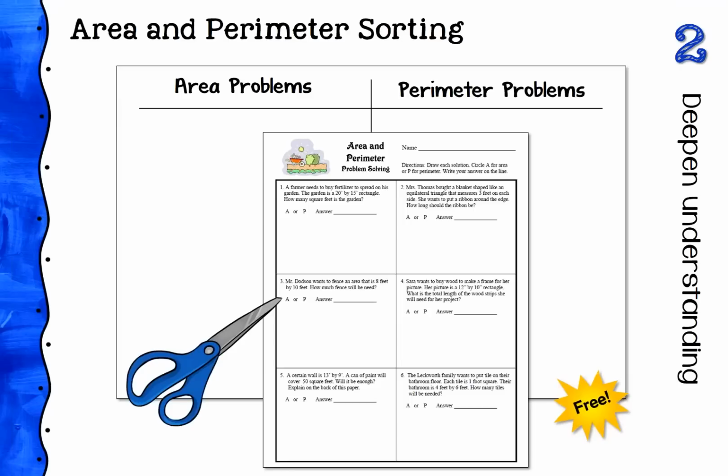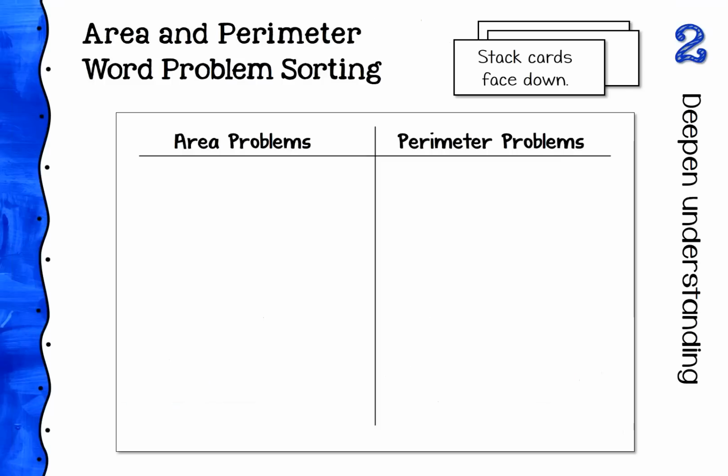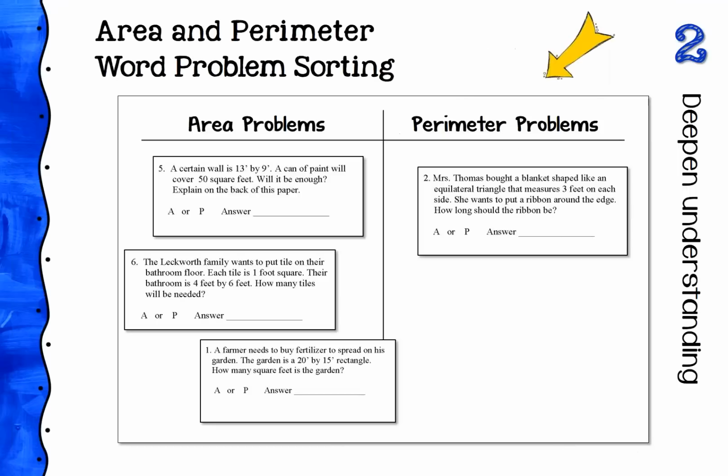You could have the kids cut these word problems apart and actually just cut out the word problem and not even have the bottom section there, and have them stack those little word problem cards face down. Work with a partner, one at a time, flip over the cards, and then read the problem aloud and decide, is it an area problem or is it a perimeter problem?